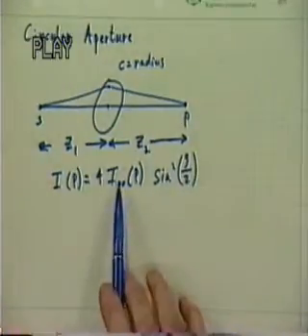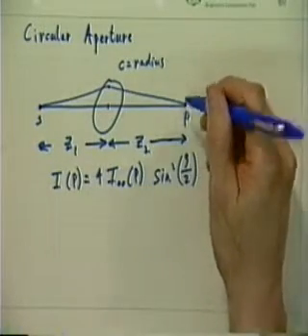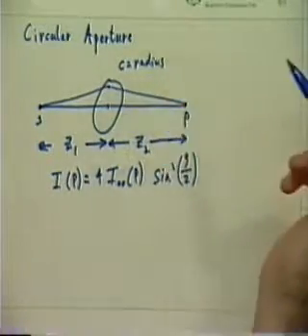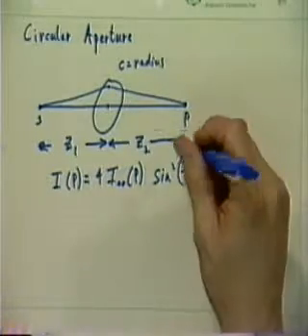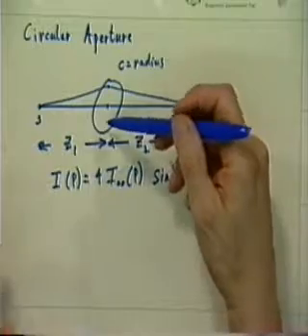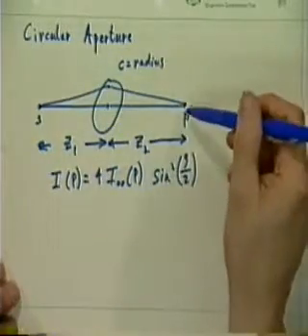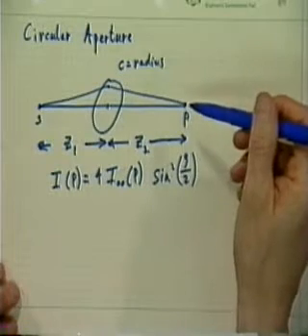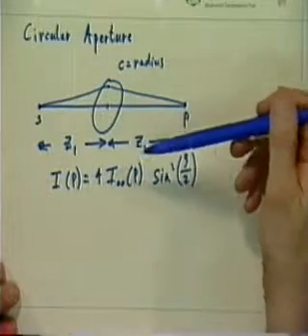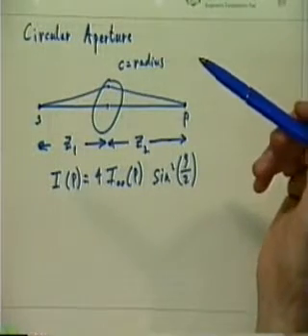The I00 of P was the irradiance that we would have here if the aperture had an infinite size. As we either vary the size of the aperture or move back and forth, the irradiance on axis varies from 0 to 4 times what the irradiance would be if the aperture had an infinite size.